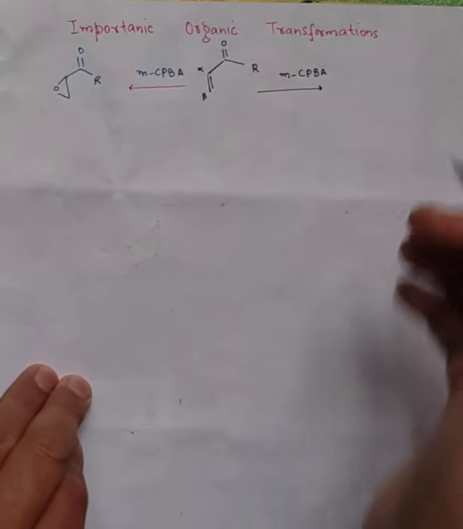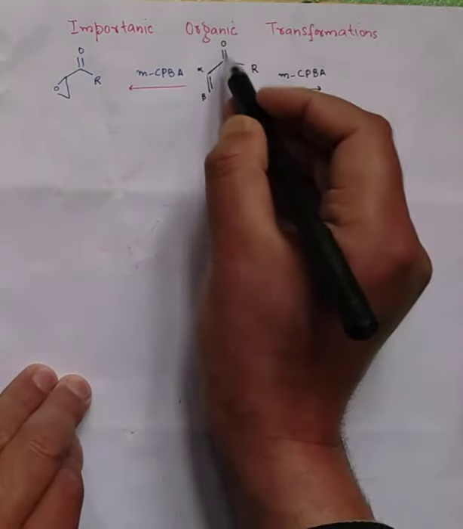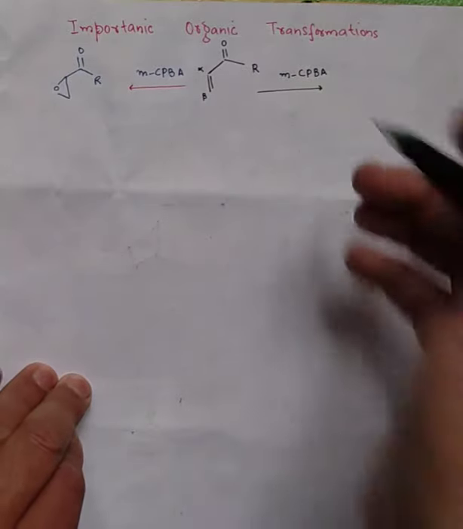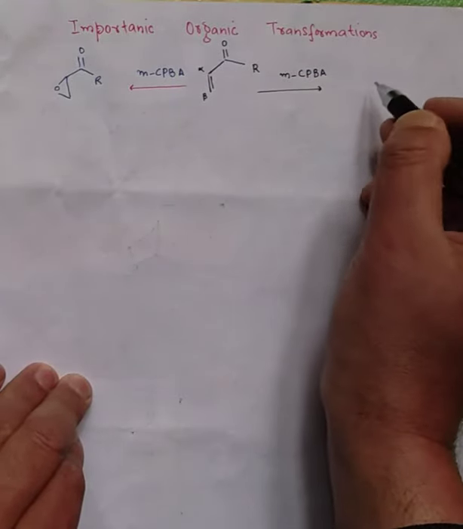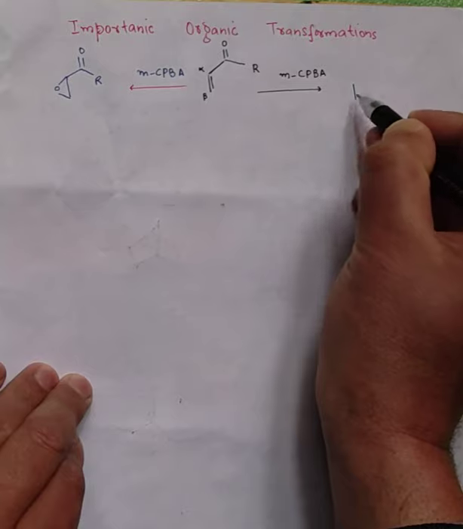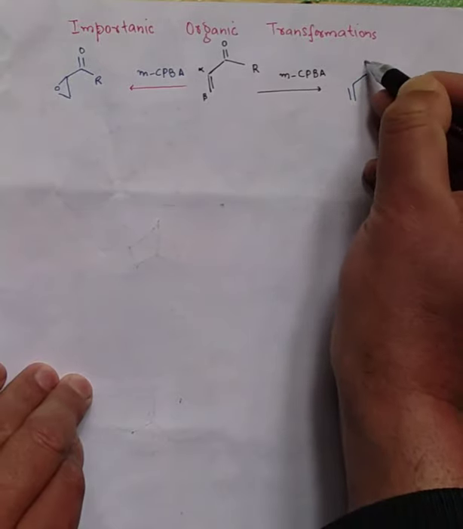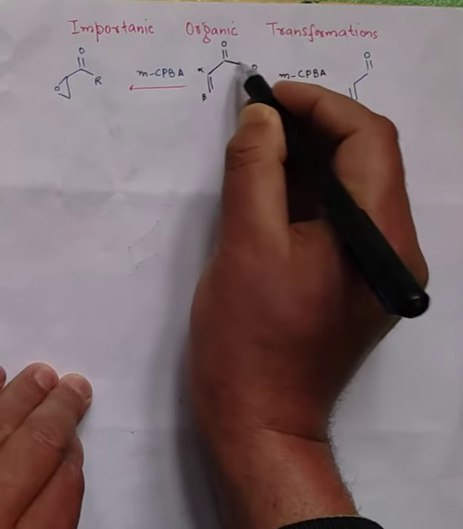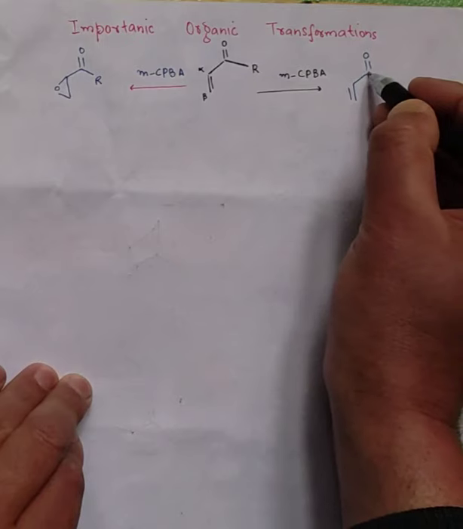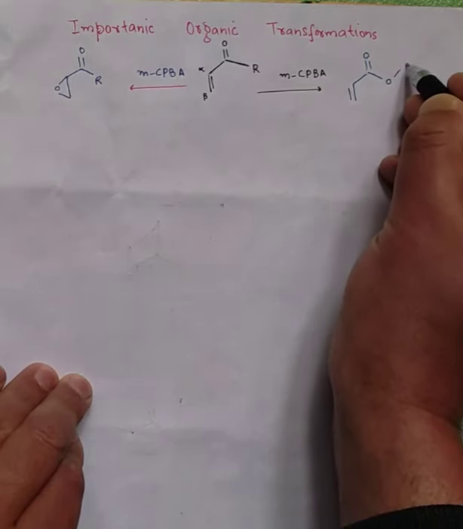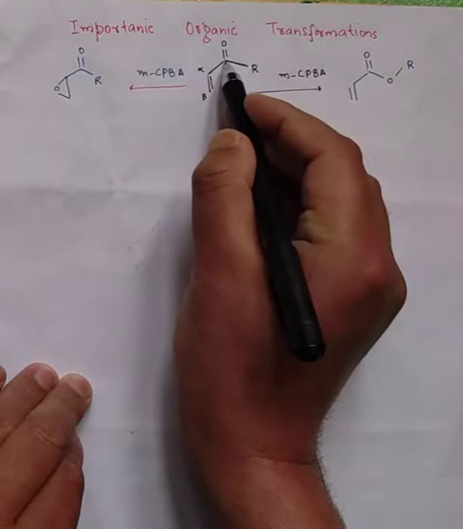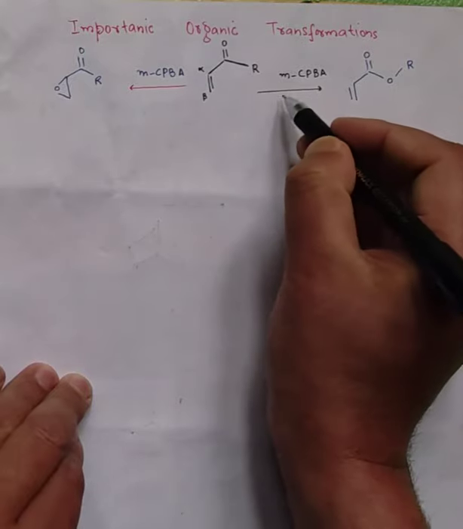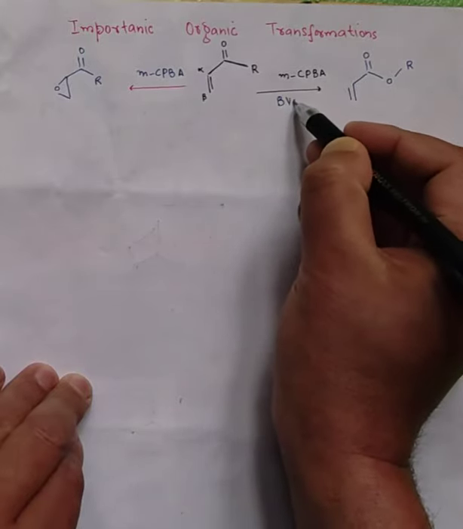The other possibility is that this carbonyl will be converted into the ester. Fine. So another possibility is this one, that oxygen will get inserted between this carbon and this carbon. So we'll show it like this, oxygen, and then we have that R as normal. So in between this carbon and this R we have the insertion of oxygen, which is called the Baeyer-Villiger oxidation. So this is Baeyer-Villiger oxidation.